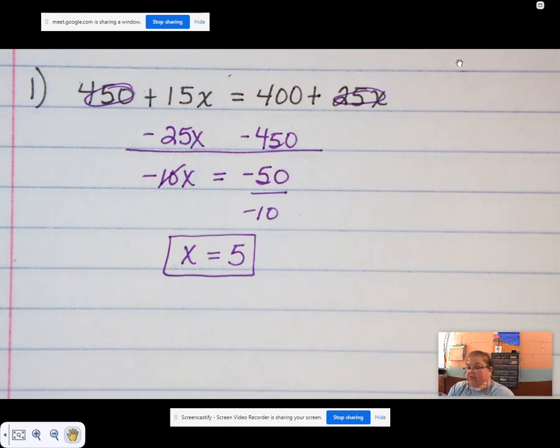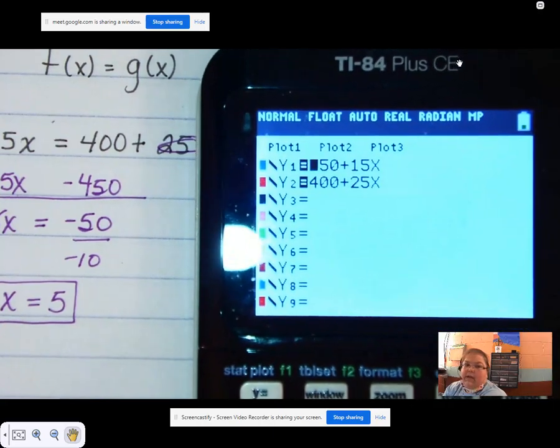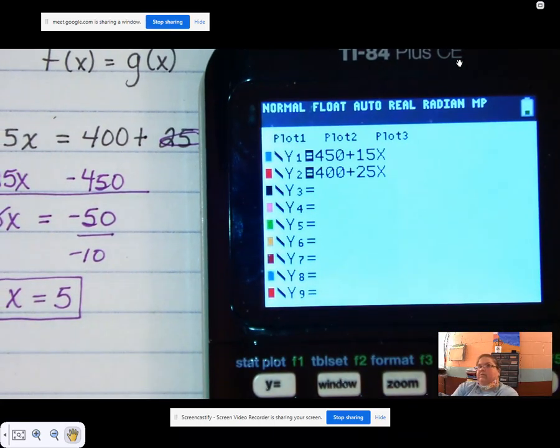The other way to do it, okay, is with the calculator. You will type in those equations. Please do that now.